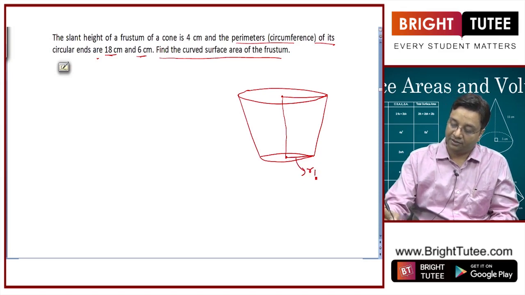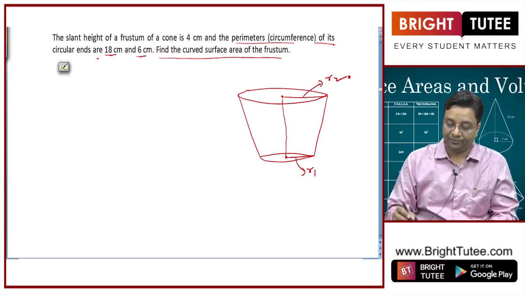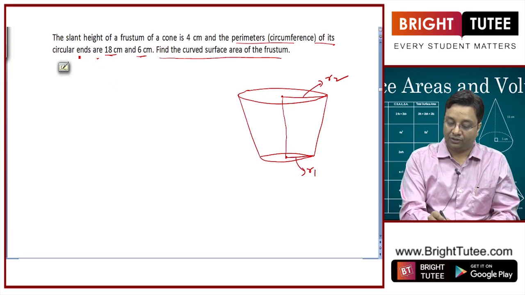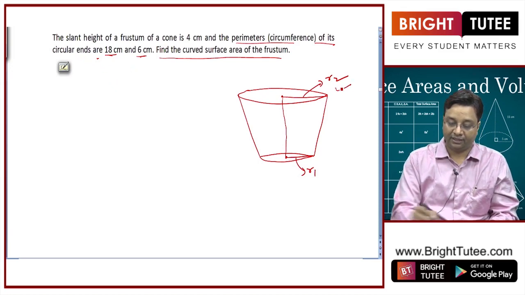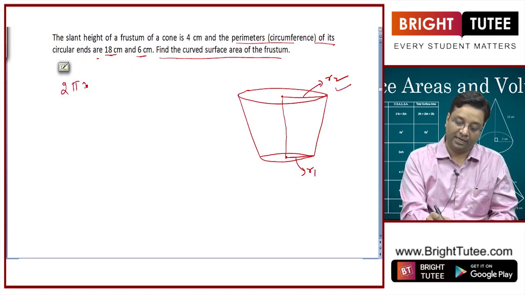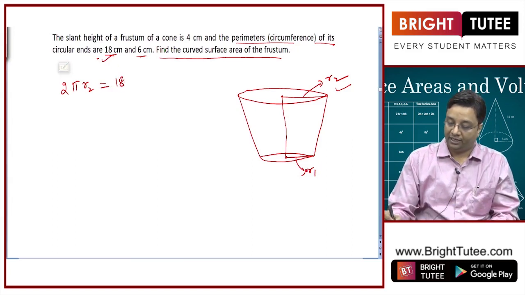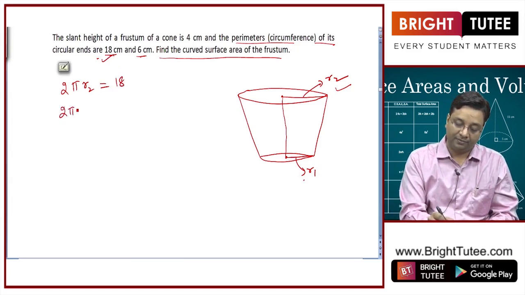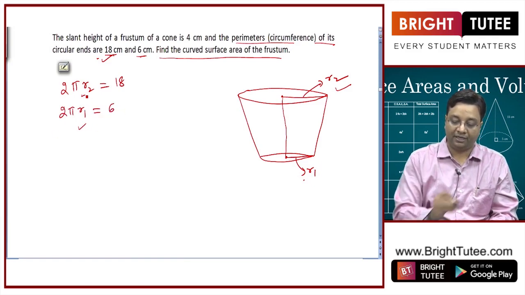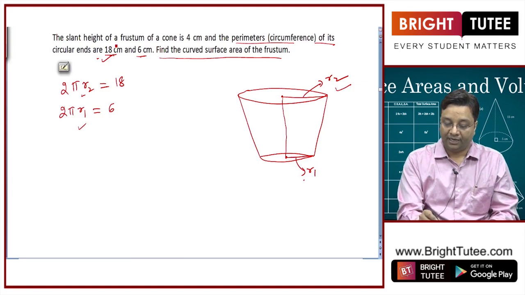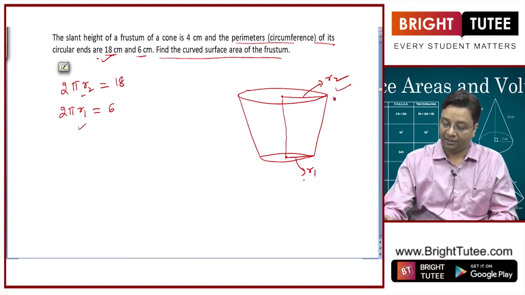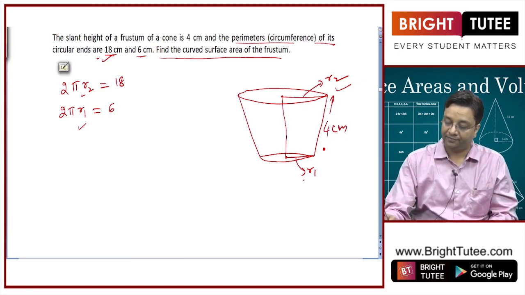Let us say this is r1, this is r2. For this bigger radius, we can write 2 pi r2 is equal to 18 centimeter, and 2 pi r1 is equal to 6 centimeter. So we can calculate r1 and r2 from here, and slant height is directly given, which is 4 centimeter.